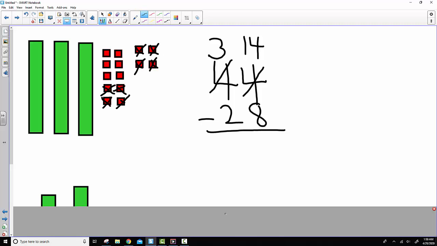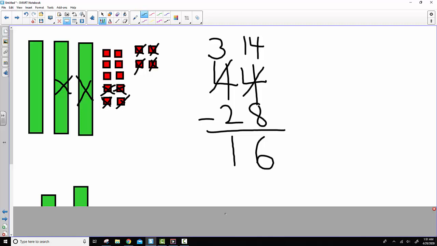We have 6 ones remaining. Now we turn our attention to the tens. We have 3 tens, and we are subtracting 2 tens. So 3 tens minus 2 tens would leave us with 1 ten. The difference of 44 subtracting 28 would be 16.